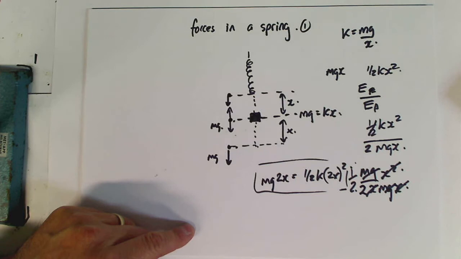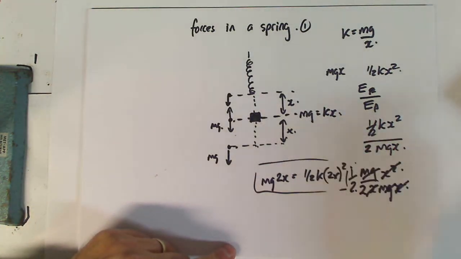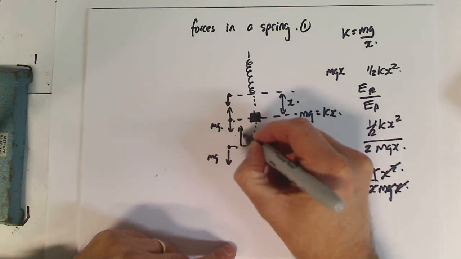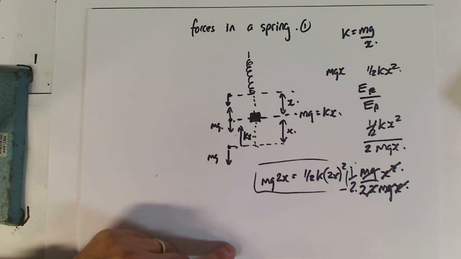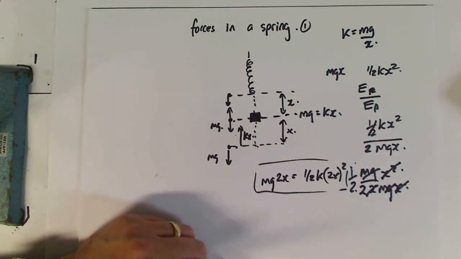We've got twice the displacement and therefore twice the force. So I'll just draw it off to the side. Our kx would be like that. So we've got a force upwards equal to kx, which is equal to mg. So we've got a net force up of mg at the bottom.